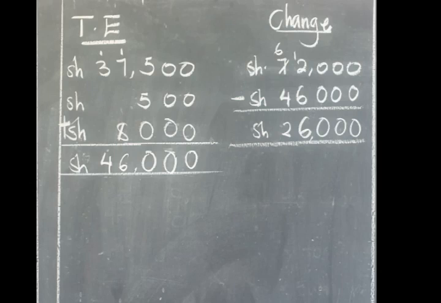After getting the total expenditure, we shall then find the change. Change is found by getting the amount somebody went with minus the total expenditure. So we get 72,000 shillings minus 46,000 shillings, giving us a change of 26,000 shillings.